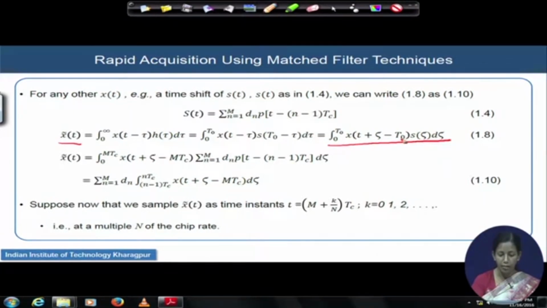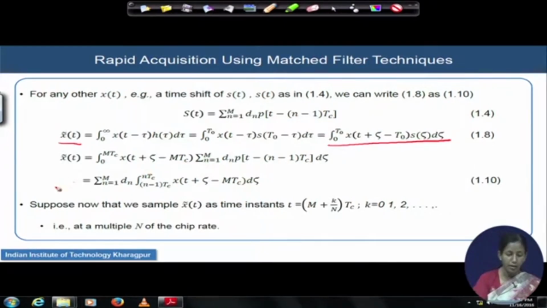Remember that instead of t0 we have substituted capital M into Tc, so the integration runs from 0 to capital M into Tc. Since the summation is outside, this integration is sufficient to run over one chip interval.